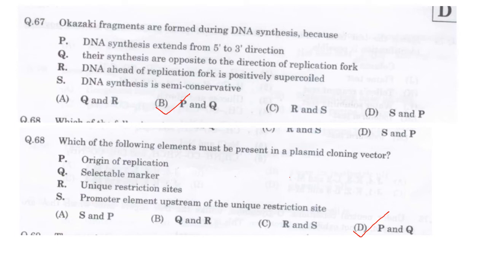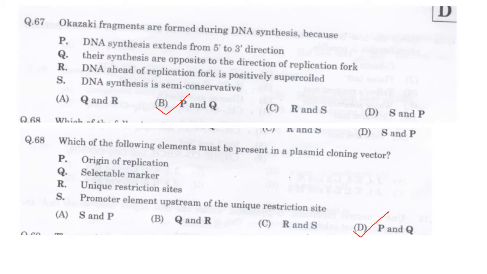Next one. Okazaki fragments are formed during DNA synthesis because DNA synthesis extends from 5' to 3' direction. That is correct. Okazaki fragments are formed not on the leading strand but on the lagging strand. DNA synthesis in the lagging strand also takes place in 5' to 3' direction, but with the help of Okazaki fragments. Their synthesis is opposite to the direction of the replication fork. That is also correct.